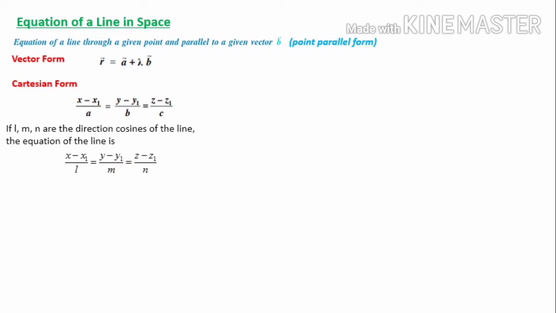Here, while writing Cartesian form, if the direction ratios of the parallel vector are given to you, then we can use this formula (x - x1)/a = (y - y1)/b = (z - z1)/c. Instead of these direction ratios, if direction cosines of the parallel vector are given to you, then (x - x1)/L = (y - y1)/M = (z - z1)/N. This formula you can use.